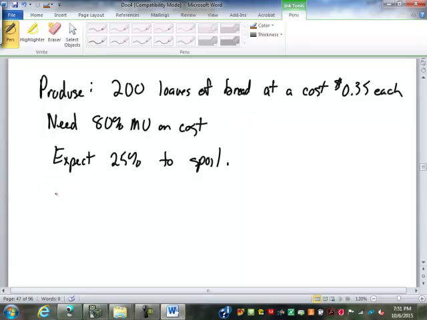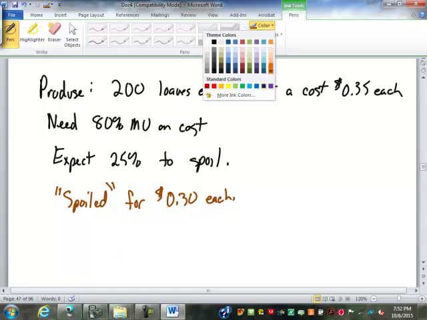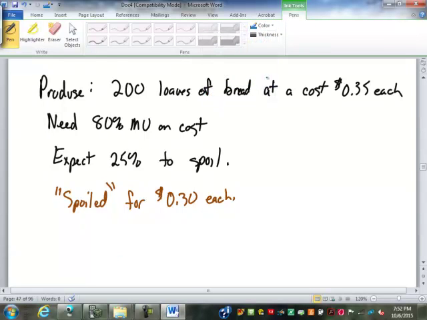So let's say that we can sell the spoiled loaves for 30 cents each. So now let's find what our required selling price is. Step 1 is still going to be total cost.